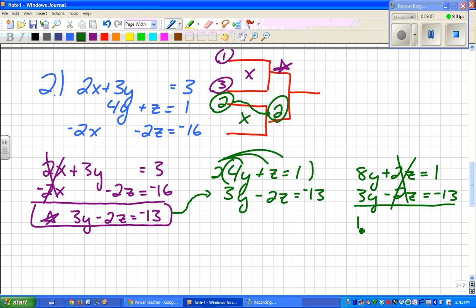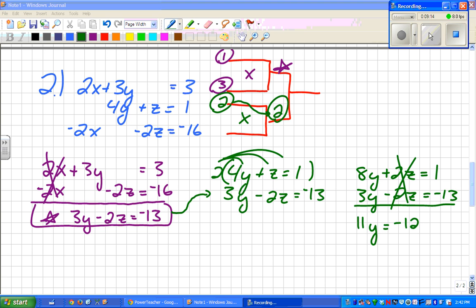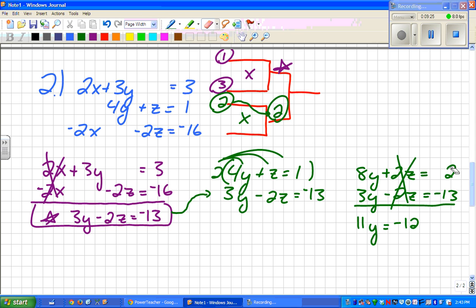I will get 11y equals negative 12. Nope, I already found a mistake. This shouldn't be a 1 over here, that should be a 2. Now that way, when I cancel, this will give me negative 11. Much better. So now when I divide both sides by 11, y equals negative 1.